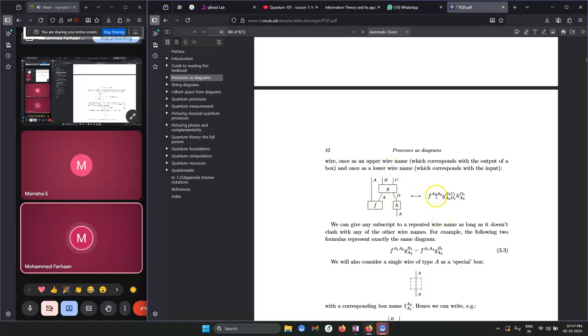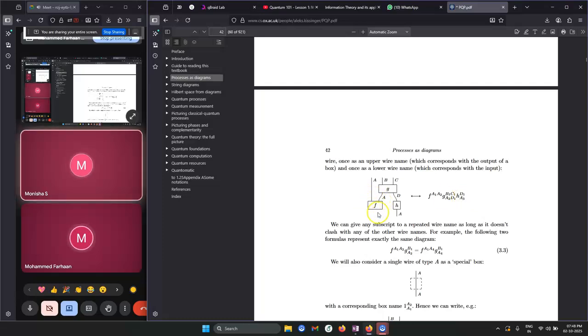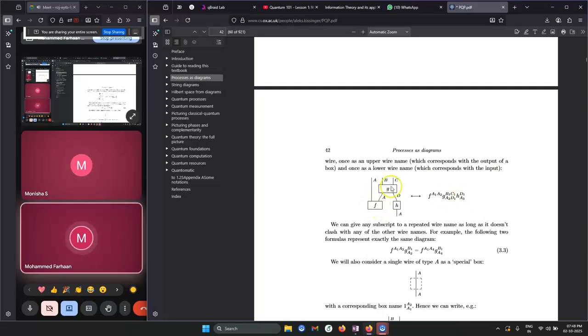But if we try to say it formulaically, we have technically three different wires A. So that's why we have A1, A2, A3. This A wire only goes into H, so it is A3 only as an input to H. This wire is an output of F and is an input of G. That's why it's going to be in the superscript of F, like here, and in the subscript of G, like here.